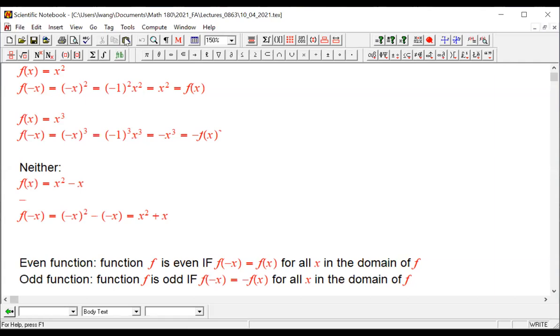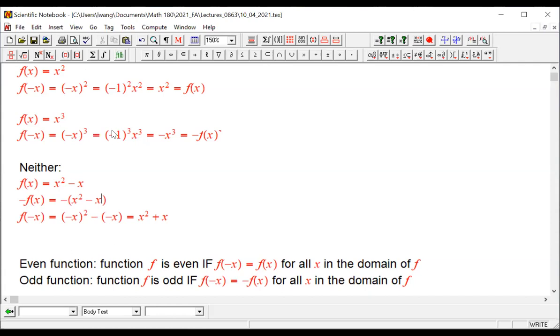What do we get? You put a negative sign in front of the whole thing, and then you apply the negative sign or distribute it, you get negative x squared plus x.